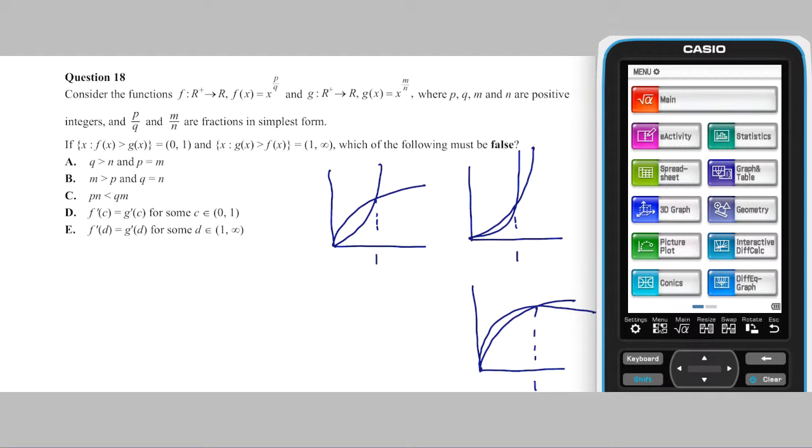Looking at those three options, in the first case, parallel tangents are possible. Hence, it is possible that D can be true, or not false. However, looking at option E, past the point 1, no parallel tangents are possible, and hence E must be false.